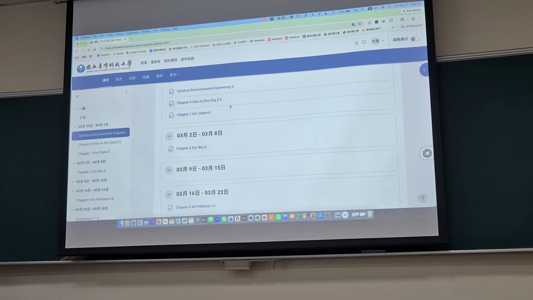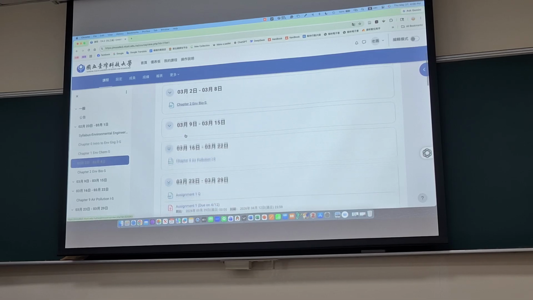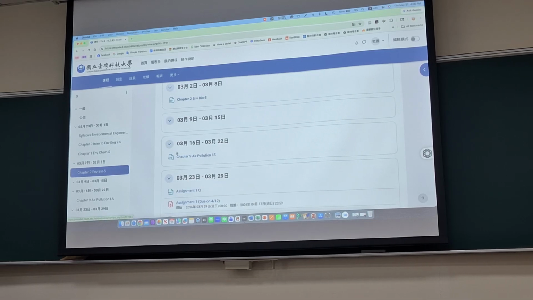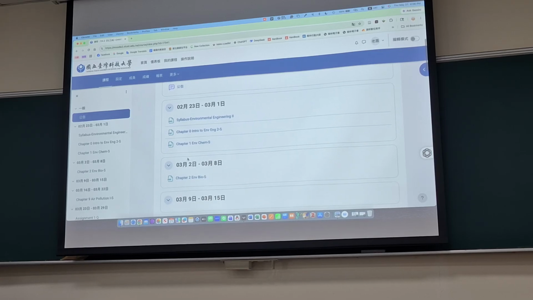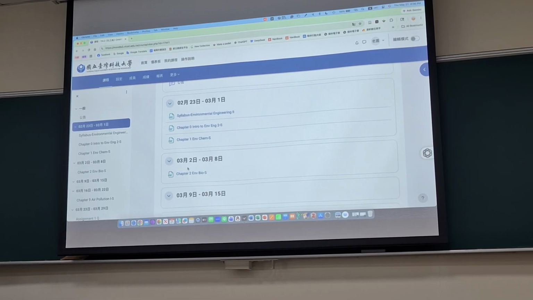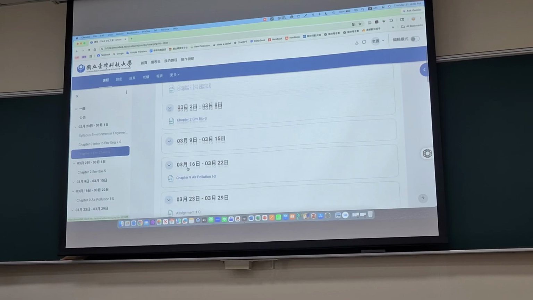So, the final exam will cover chapter 0, chapter 1, chapter 2, after that, chapter 9 from the textbook. Chapter 0 and chapter 1 are background, you might not find them in the textbook.